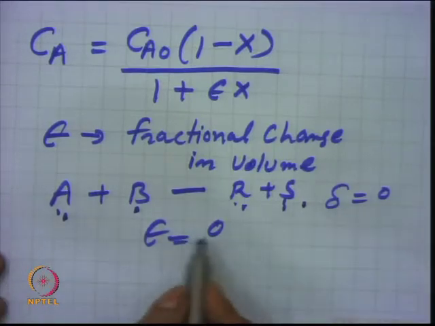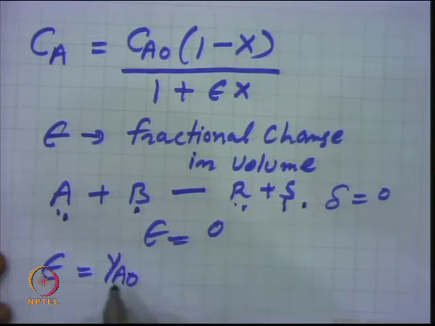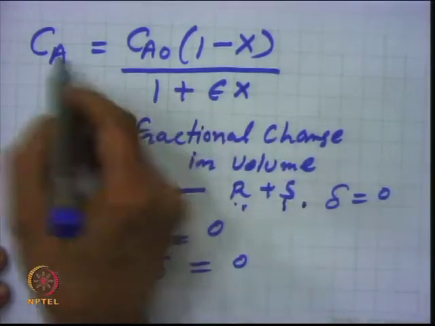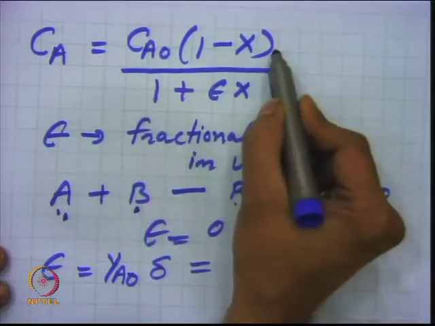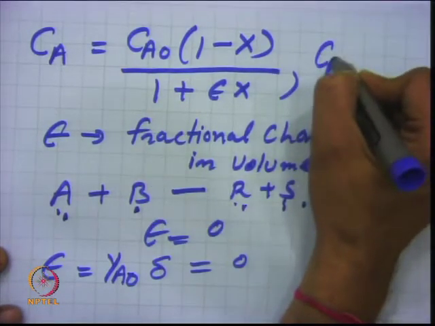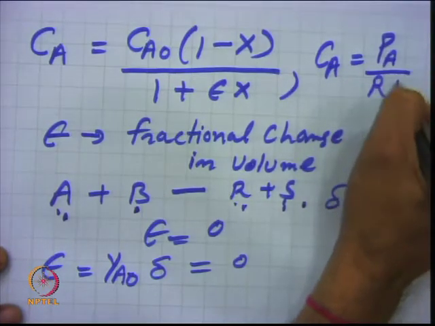So, epsilon, which we define based on Y A naught, the mole fraction of the limiting component, times delta, becomes 0. In this case your C A is simply C A naught times 1 minus X, and you know C A is equal to P A divided by R T.